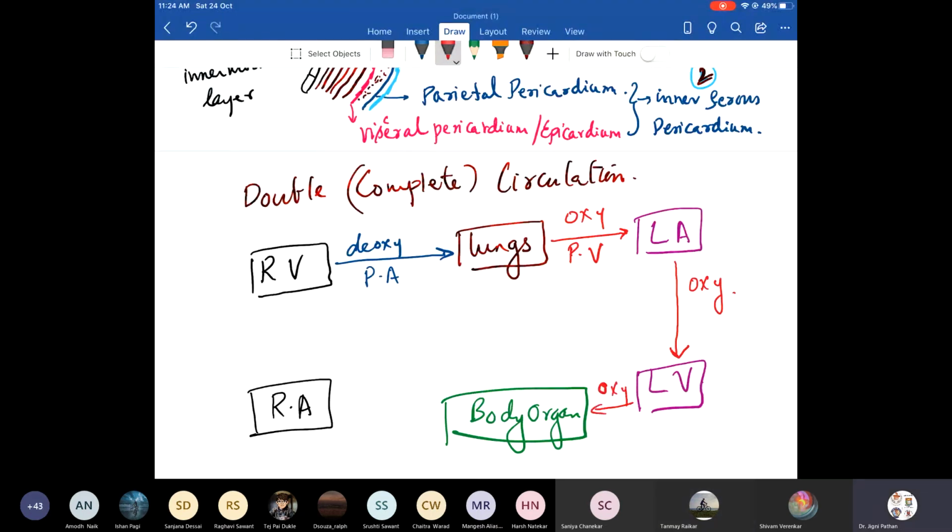Good. Who carries it? Aorta. Very nice. From the body organs to the right auricle, which blood is moving? Deoxygenated. Very nice. Which vessel carries it?